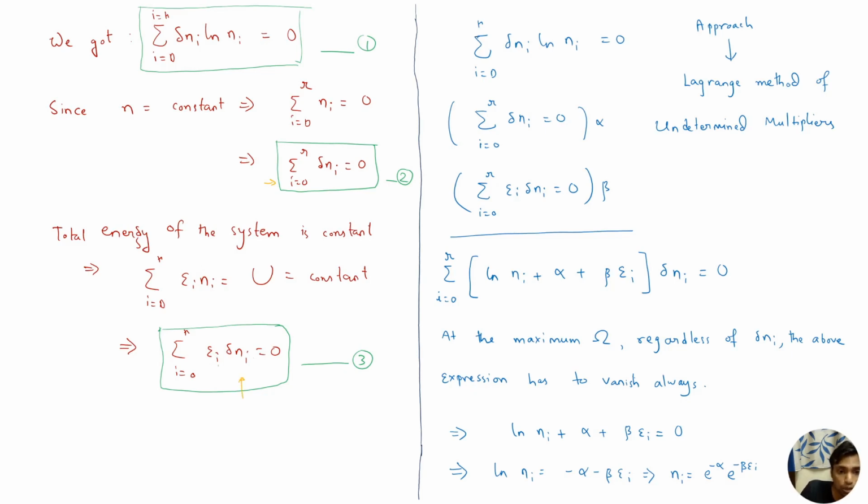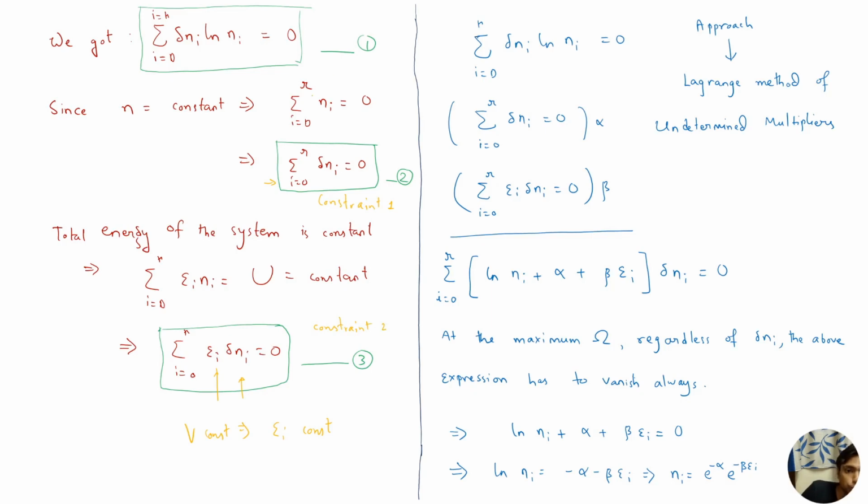And these Ei are constants because the volume is constant. Since V constant implies Ei constant. So if you take the derivative of that, it is just Ei delta ni. So these are your two constraints: constraint 1 and constraint 2.